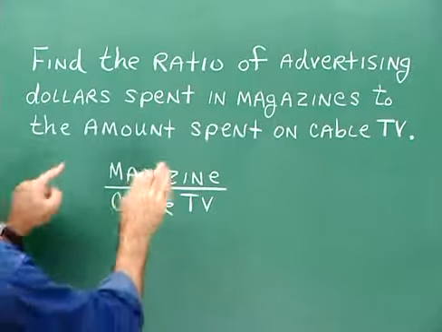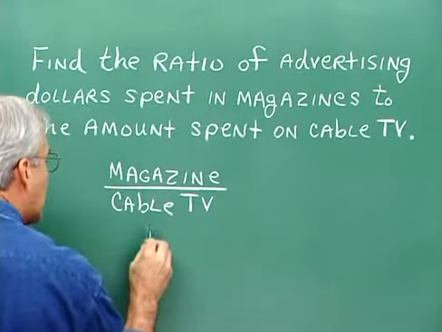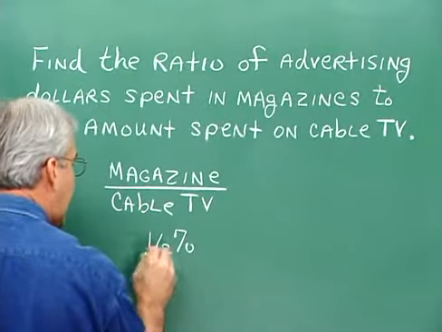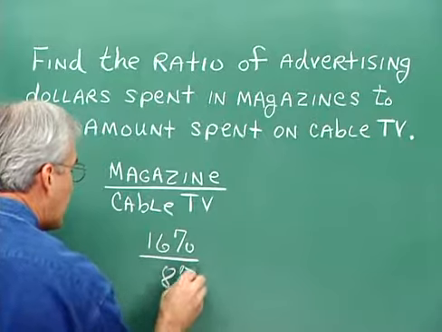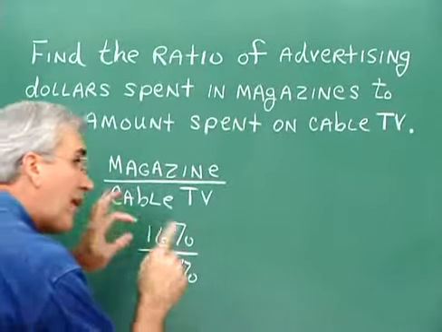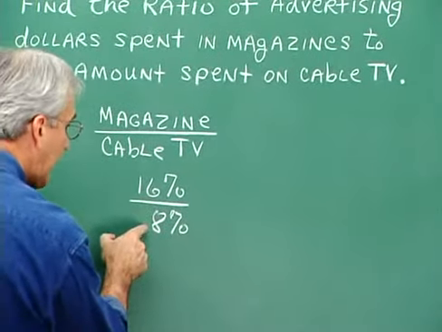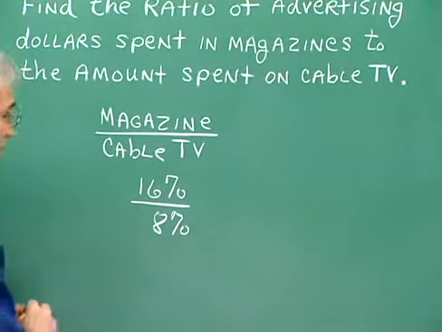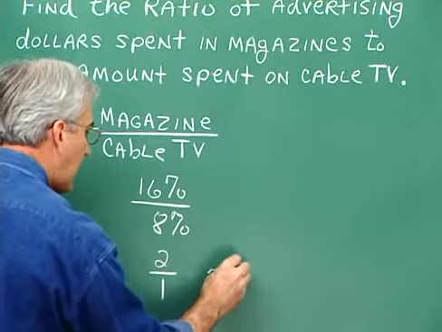And the percents associated with these are, well, I'll look back over here for magazines at 16%. And for cable TV, it's 8%. And it's pretty easy to see that the numerical ratio, the 16 over 8, is just 2 to 1. 8 into 8 goes 1, 8 into 16 goes 2. So this is just a ratio of 2 to 1, which we can also write like this if we want to.